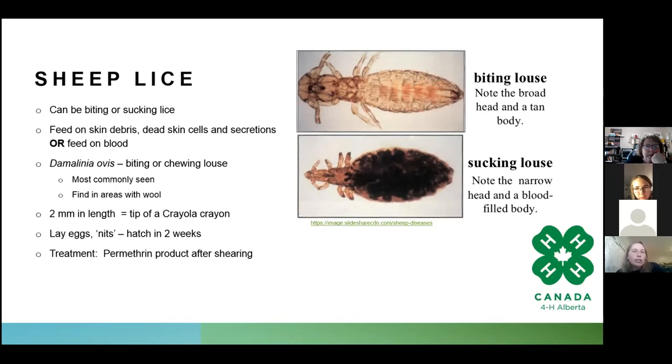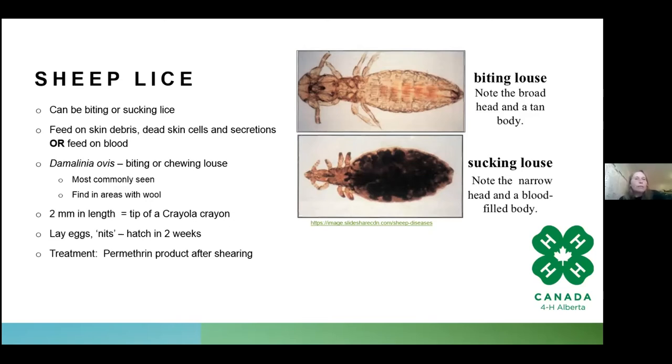They cause irritation in the sheep because of the biting. It makes them feel itchy, and they're aggravated by that. They're actually quite small compared to our ked. Our ked was the size of a pencil, 7 millimeters. These guys are about 2 millimeters in length.